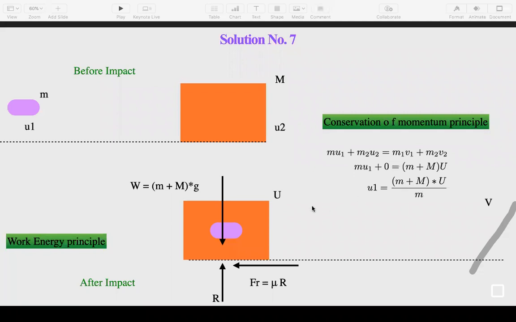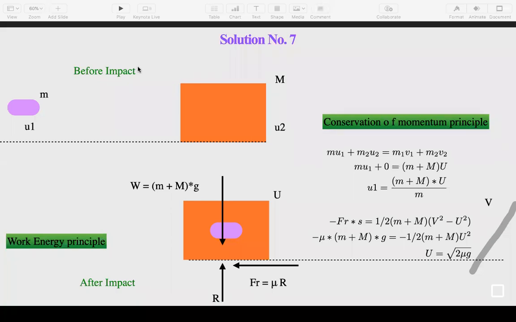Now if I want to apply the work energy principle, work done is force into displacement. The work energy principle states that net work done is equal to change in kinetic energy.